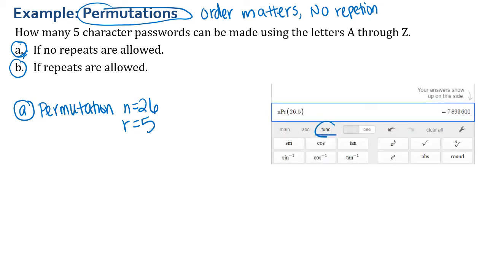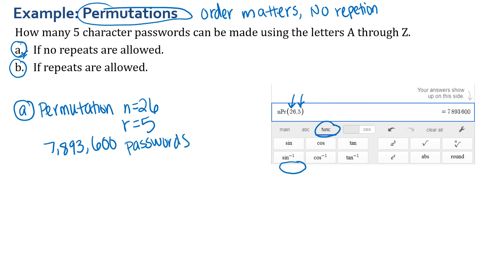I chose the function, I went down to nPr, which is not showing for some reason in this visual. My N value was 26, my R value was 5, and I got that there were 7,893,600 different passwords.